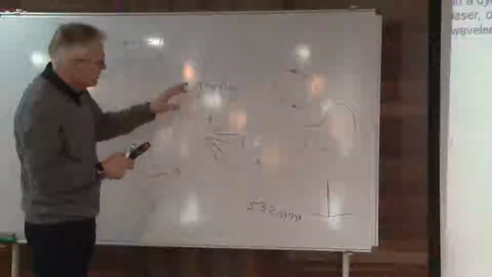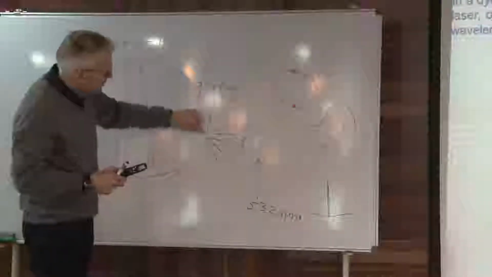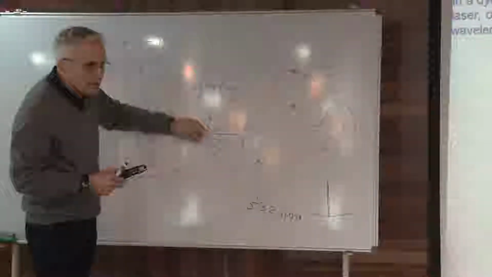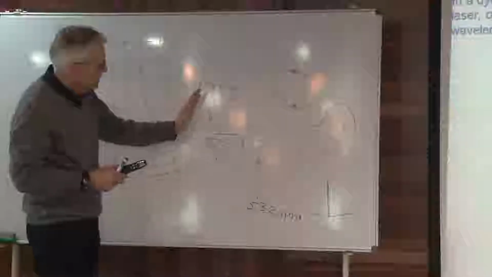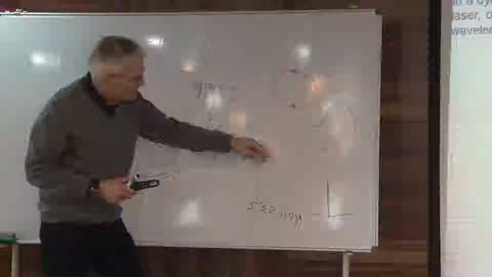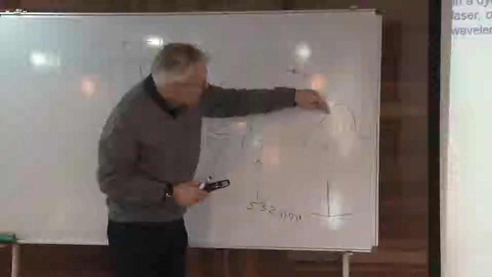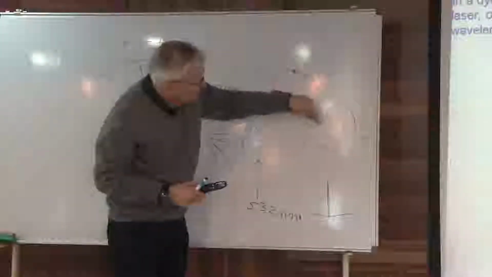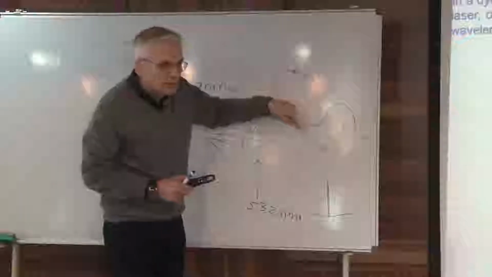So this was shown in the 70s, that if you replace the totally reflecting mirror with a grating, then just by tuning this, you can change the wavelength. You have a narrow wavelength that you can tune.